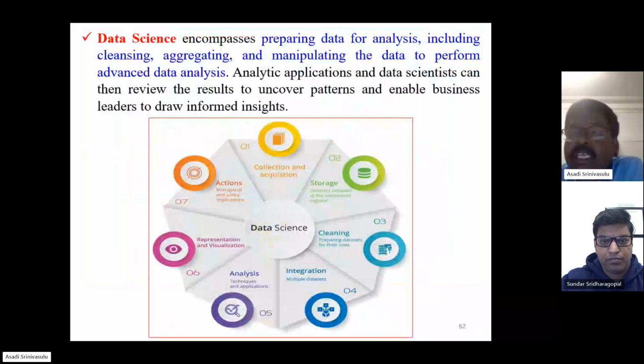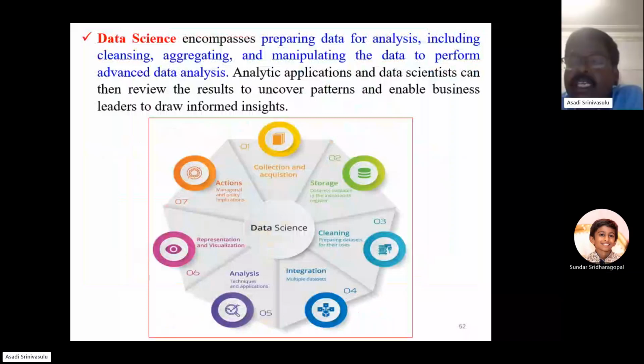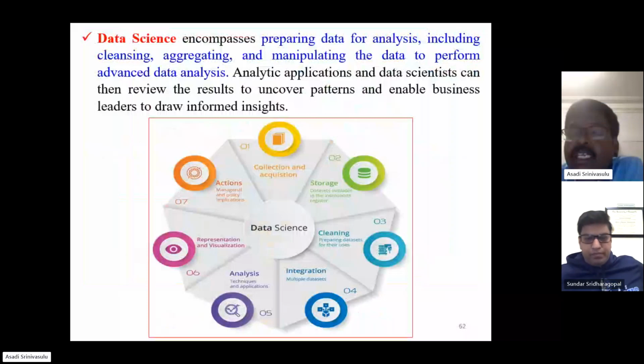And finally, we are generating visualization graphs like bar chart, pie chart, line chart, scatter plot, etc. And finally, the manager or principal would like to take actions on that output, managerial and policy implications. So these are the 7 steps we are performing in data science.